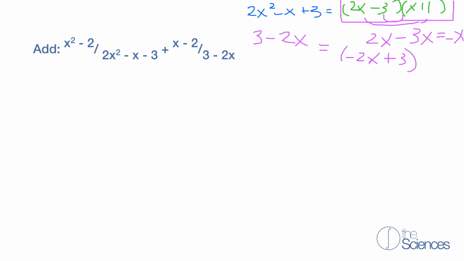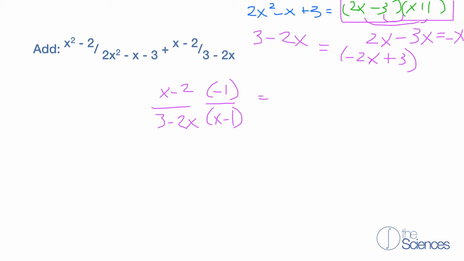So what we could do is multiply the numerator and the denominator by -1 to get our reverse factors. So now what we're going to do is take x minus 2 over 3 minus 2x and multiply them by -1.